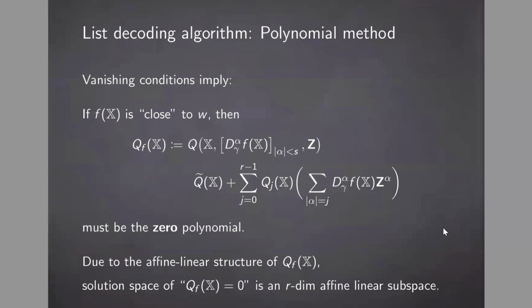And we choose r to be somewhat less than the multiplicity parameter s in order to get the correct list decoding radius. So we get the list of correct code words contained in this affine linear subspace of dimension at most r. And every correct code word f of x is captured as a solution of such an equation.